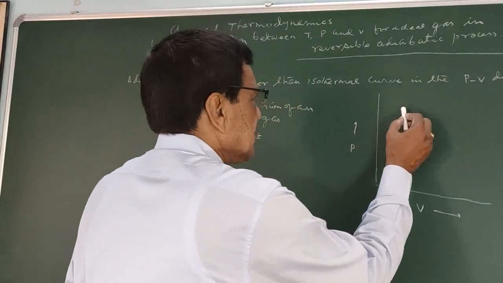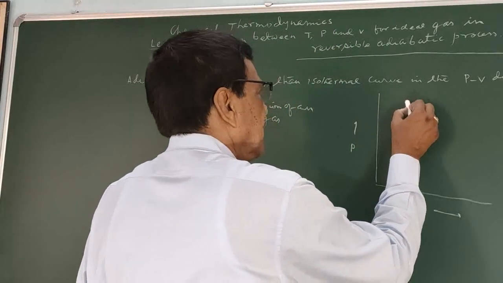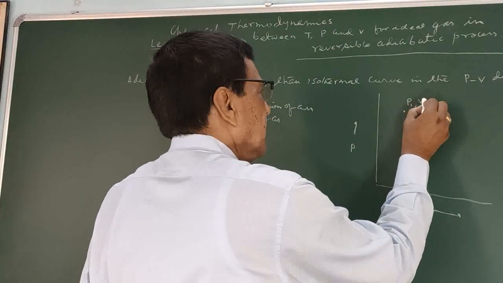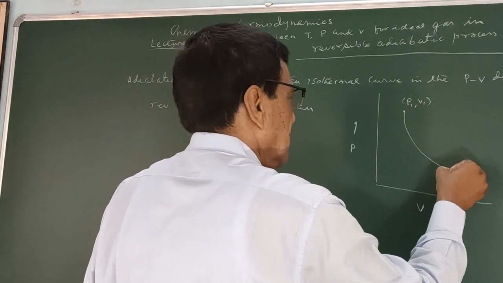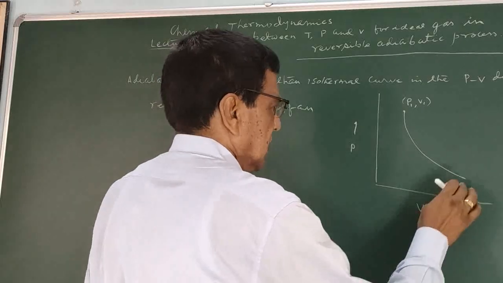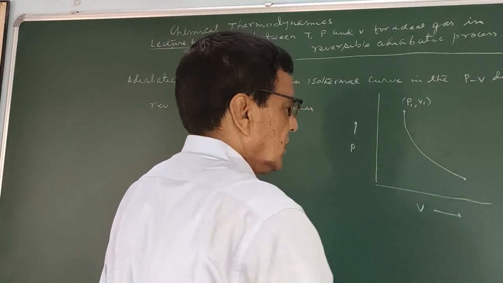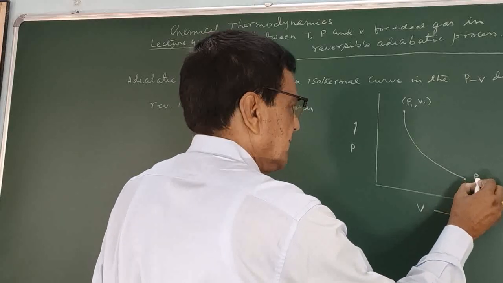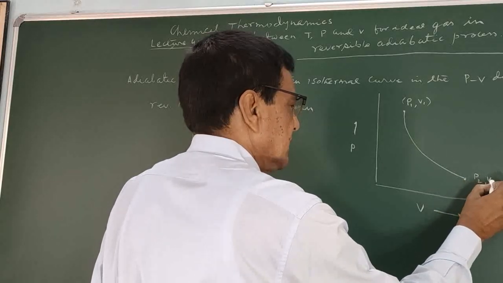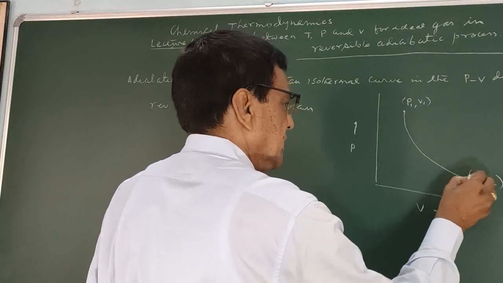Suppose this is the starting point P1, V1, and this curve, the rectangular hyperbola, ends at the final pressure P2 and V2.